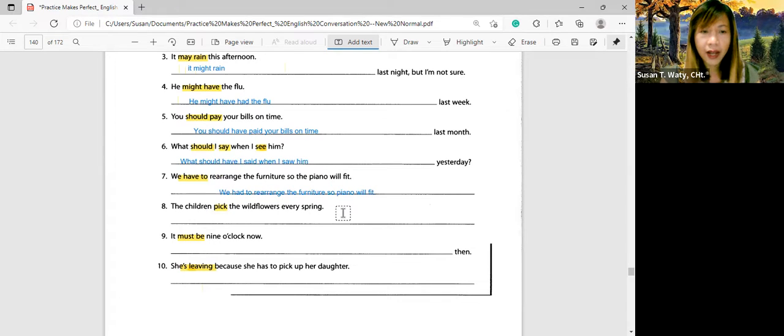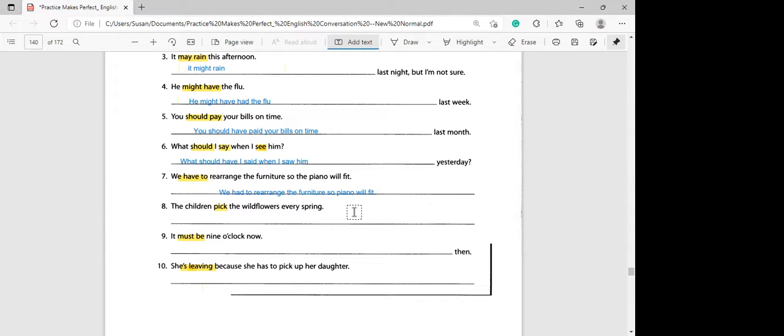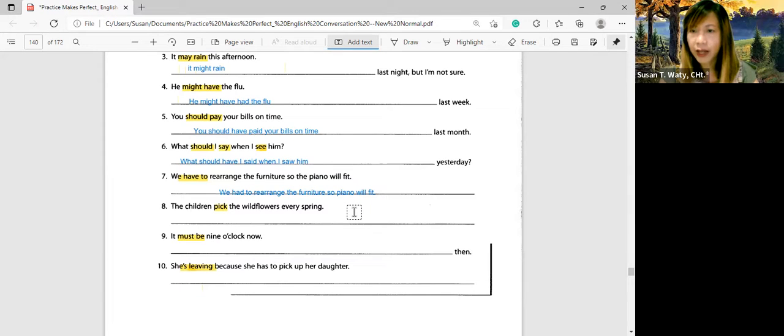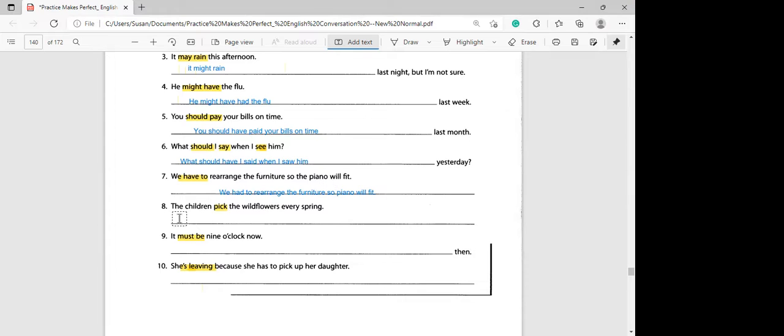Let's do number 8. The children pick the wildflowers every spring. Let's have Brian try. The children pick the wildflowers every spring.